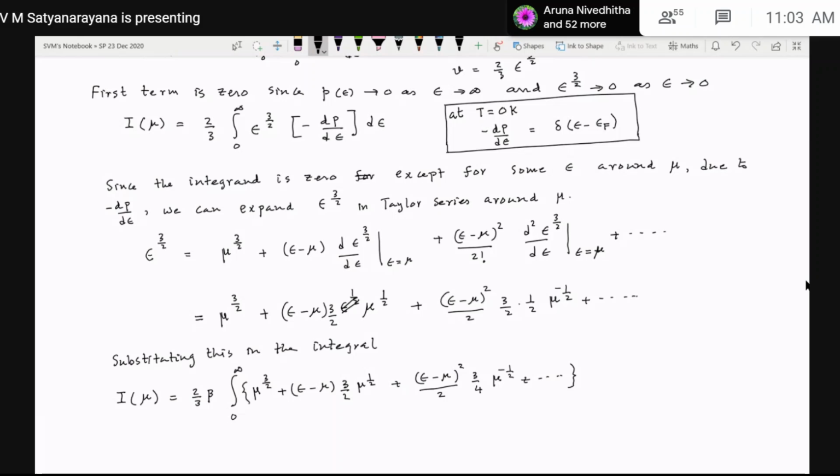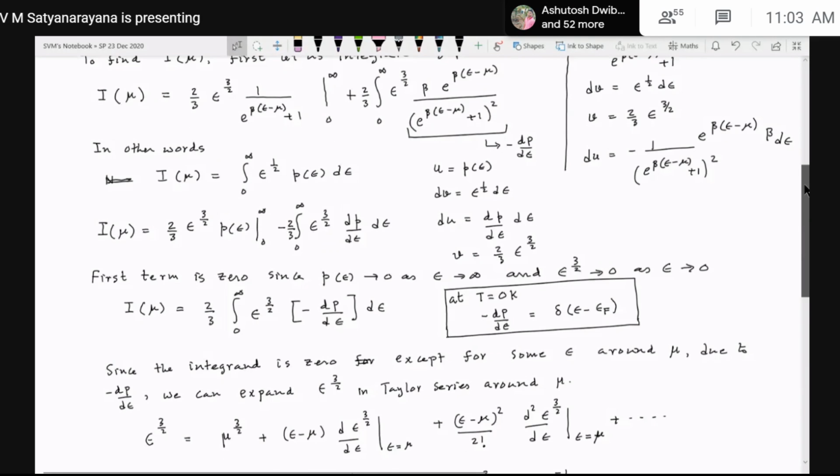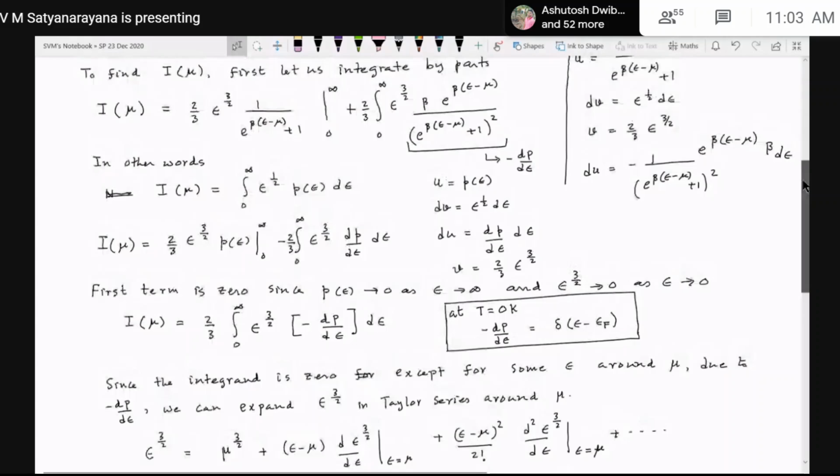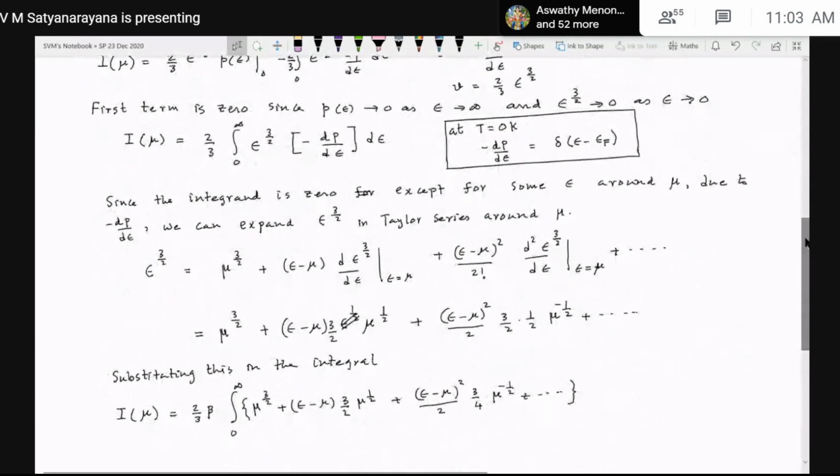This into, now I have to write down the minus dp by dt expression. Beta I have already written outside. So I have e to the power beta epsilon minus mu divided by e to the power beta epsilon minus mu plus 1 the whole square.